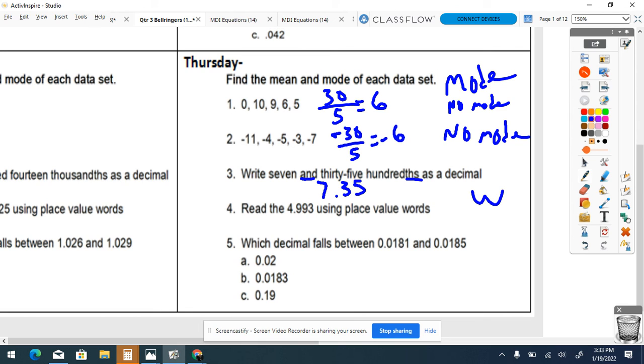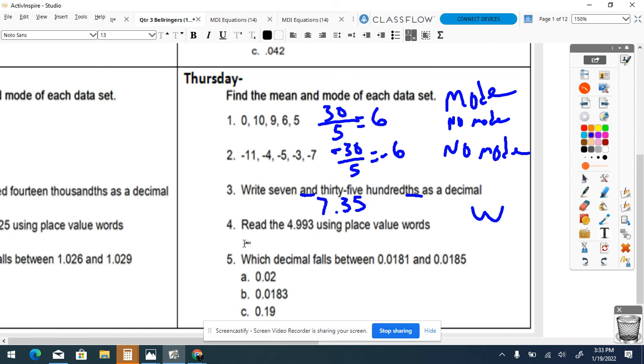All right, number 4, read 4.993 using words. So go ahead, pause the video and see if you can answer that. All right, so remember, we always start by saying our first number out loud, which is 4. Our decimals are always said by "and," then say the next number out loud. So my next number is 993.